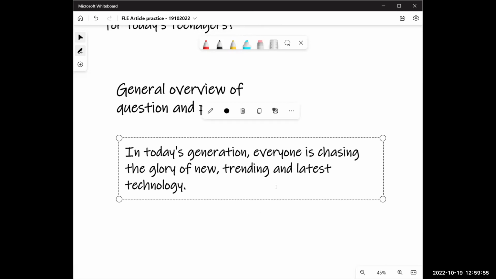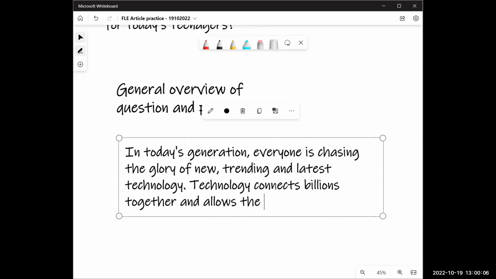Fine. Technology connects billions together and allows the world to go around.